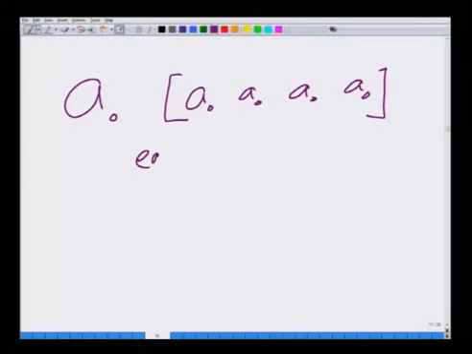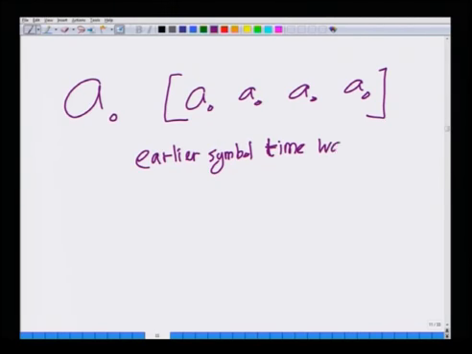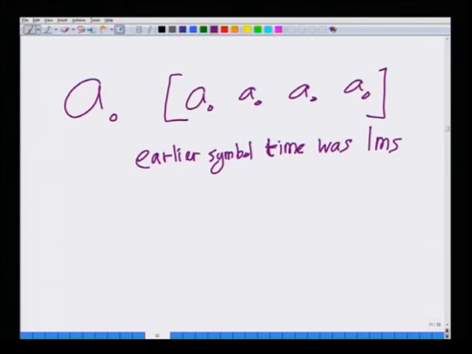Now, remember earlier the symbol time was 1 millisecond. Now, each symbol has split into 4 symbols. So, to keep the symbol time constant, I have to transmit each of these symbols after multiplying with the code in 1 over 4th of that millisecond.